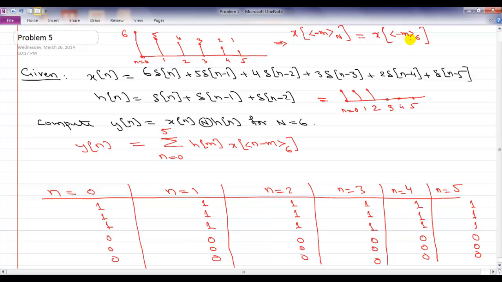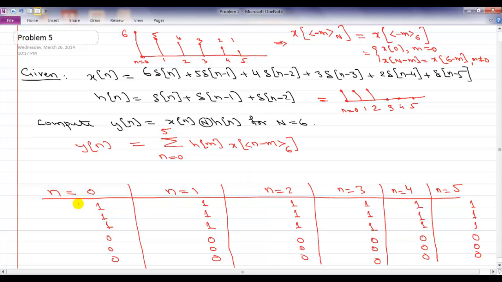Minus 0 mod 6 is 0. But for every other thing, we get x of n minus m. So this is equal to x of 0 for m equal to 0, and x of 6 minus m for m not equal to 0.